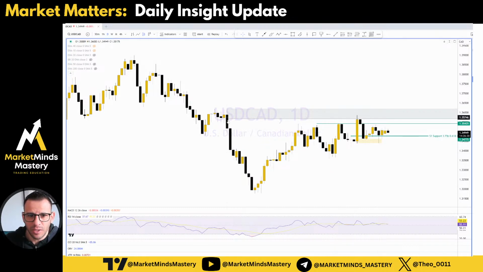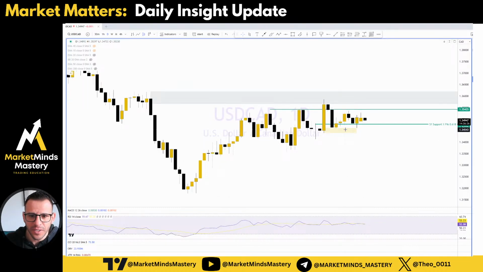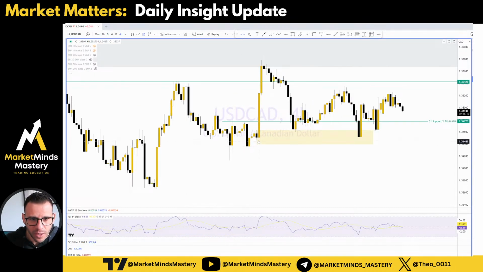So let's start with the USD Canadian dollar, guys. First, let's start with this area of that bullish engulfing block we marked on the 4-hour time frame, this one here.